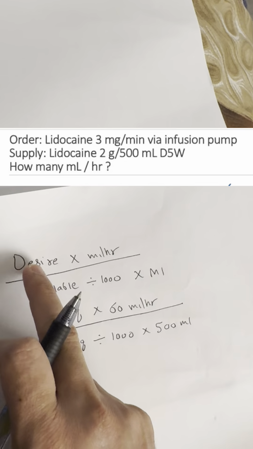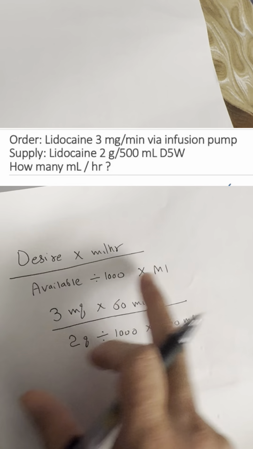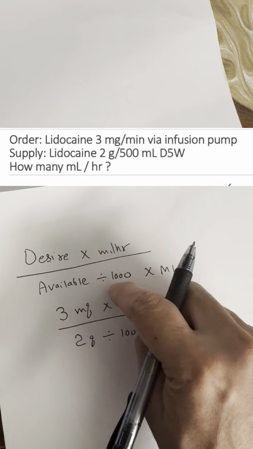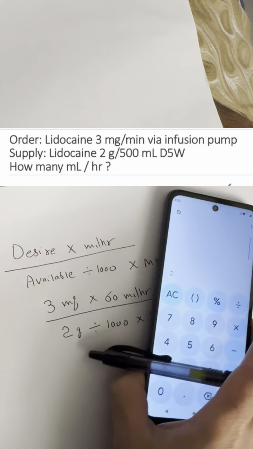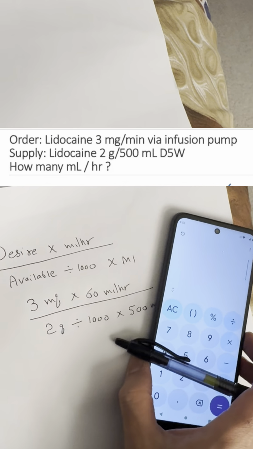So that's the setup of my numbers. Desired, mostly I use desired divided by available times ml. I just added divide by 1000 and ml per hour. So now let's solve it.